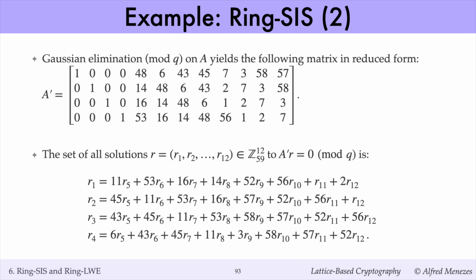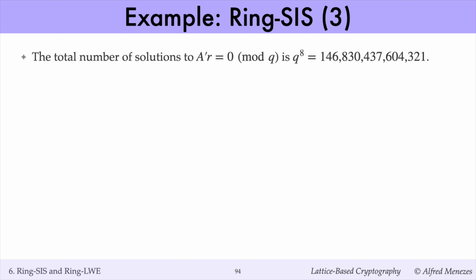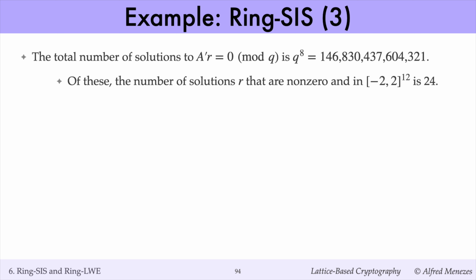The independent variables are R5, R6, up to R12, and the dependent variables are R1, R2, R3, and R4. The total number of solutions is Q to the 8, which is about 146 trillion. Of these, there are 24 non-zero solutions R, all of whose components are between -2 and 2.